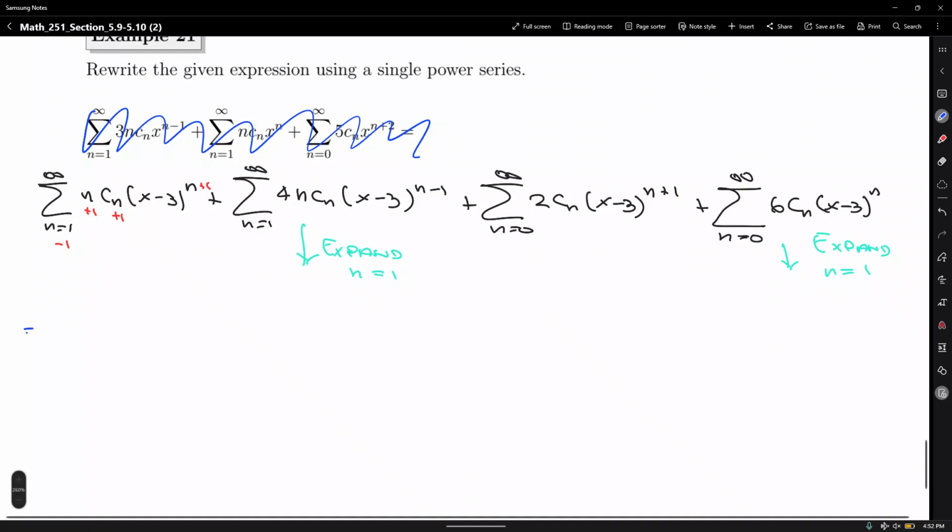Okay, then this new series would be sigma n equals 0 to infinity of n plus 1 c sub n plus 1 x minus 3 to the n plus 1. And then I'm going to expand n equals 1.